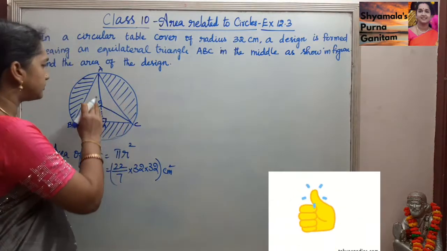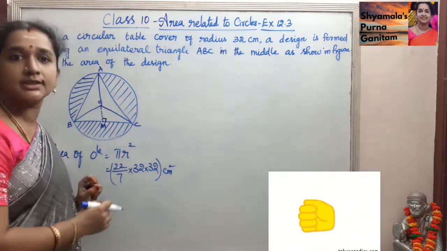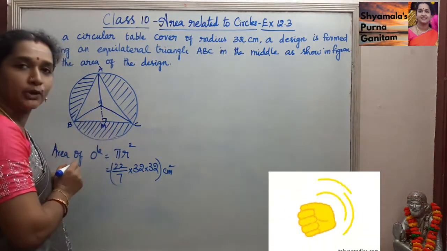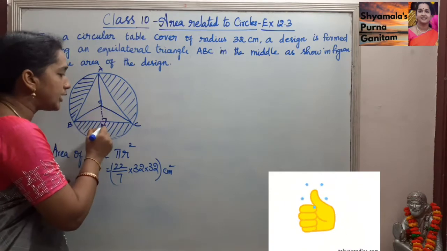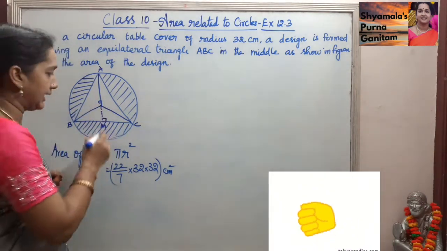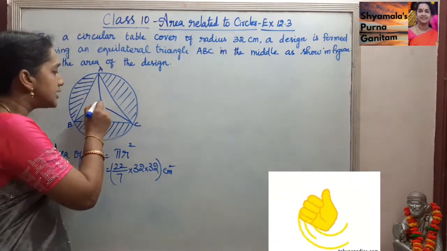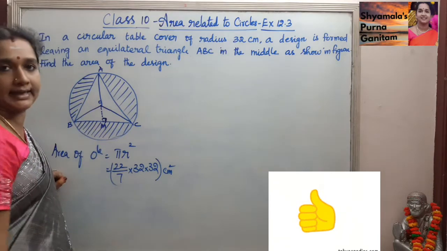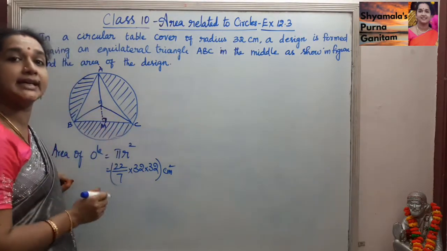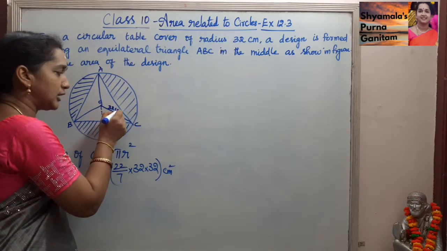Now we will use trigonometric ratios to find the length of the side. Since this is perpendicular, we will take OMC or OMB as a right angle triangle, as it is intersecting at 90 degree. So OMC is a right angle triangle. Then OC is the radius, given as 32 centimeter.